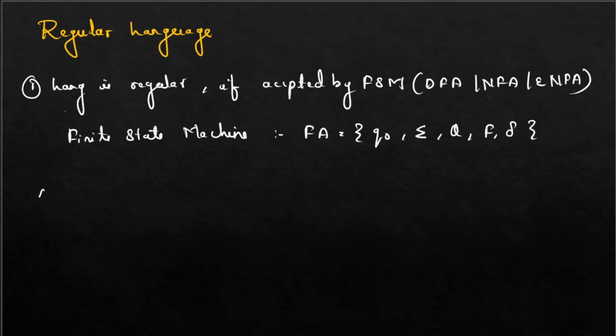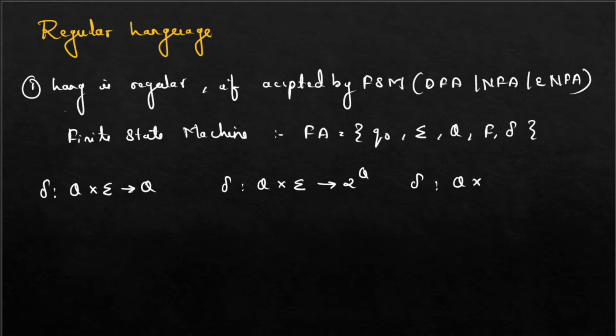So for DFA it's Q into alphabet to Q. This is for DFA. For NFA it is Q into alphabet to 2 to the power Q. And this is Q into alphabet union epsilon to 2 to the power Q. So this is DFA, this is NFA, this is epsilon NFA.